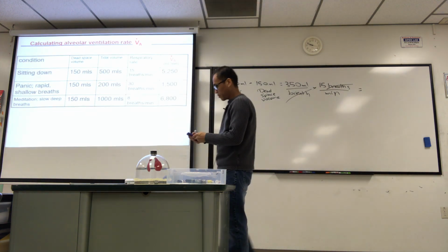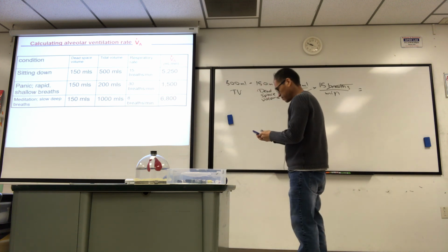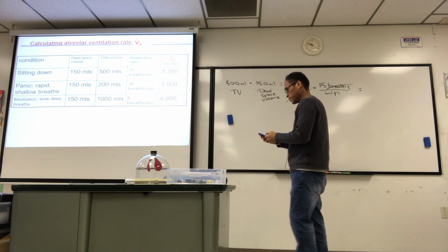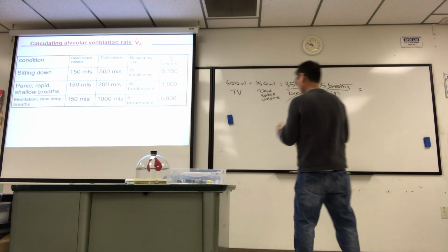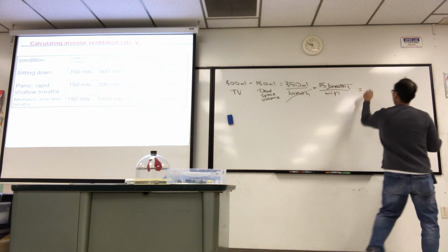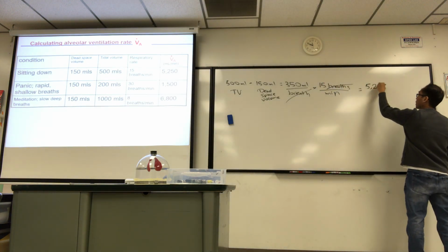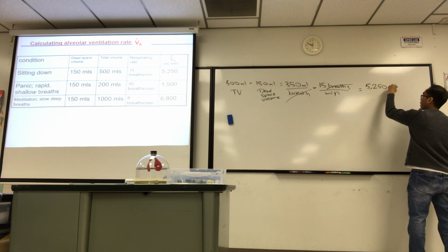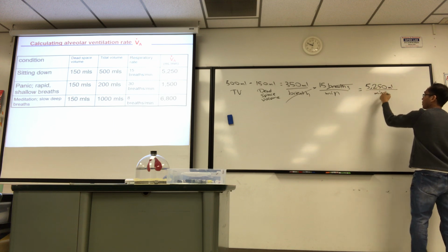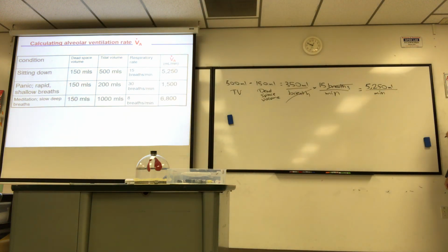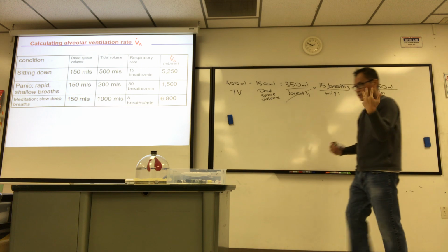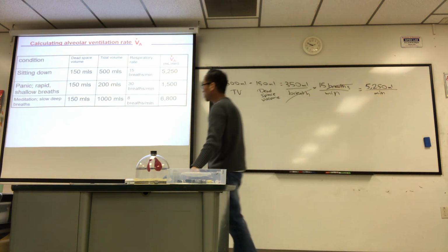Okay, I need a calculator. Yeah, 5250 mL per minute. So what's that in liters? 5.25. So you're expected to convert if the units change and you know it's equivalent.